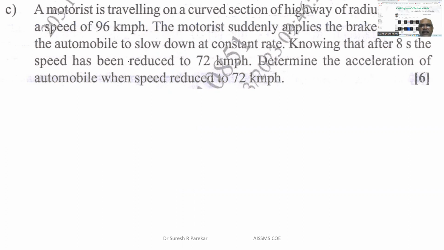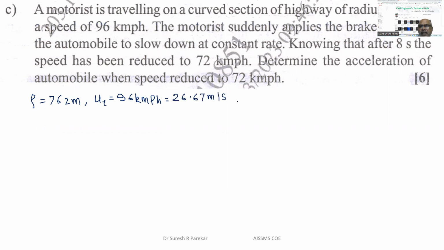Now a motorist is traveling on a curved section of highway of radius, so rho is given 762 meters. At a speed, the initial value is given, ut 96 kilometers per hour, and we have this value 26.67 meters per second.